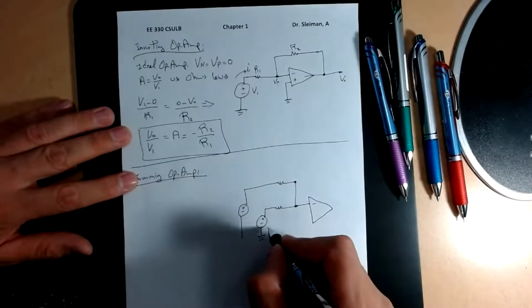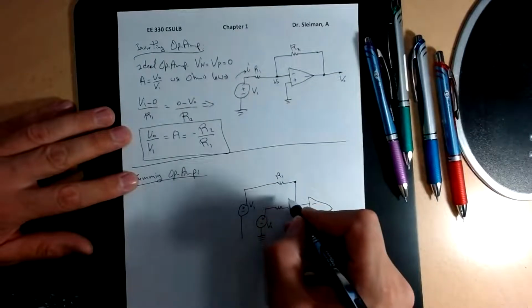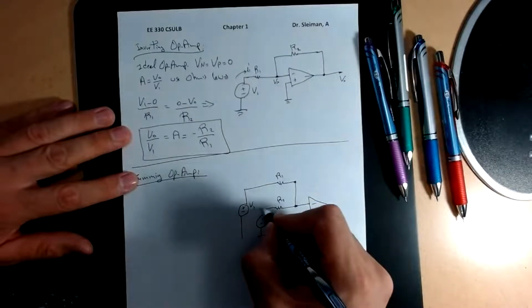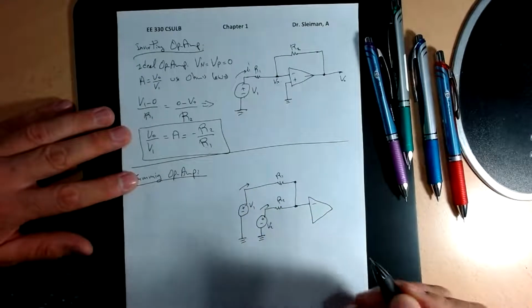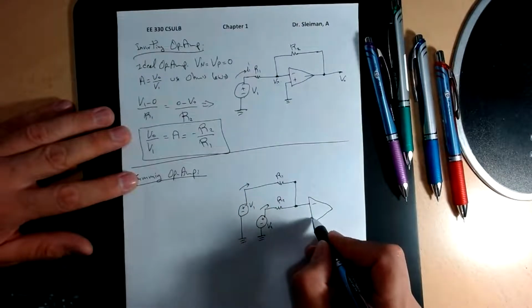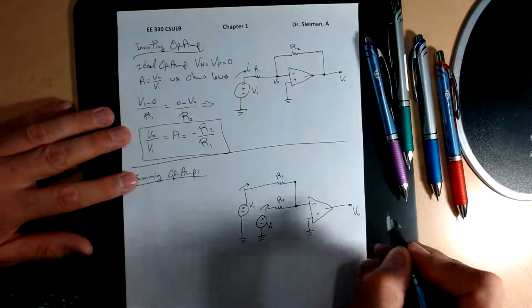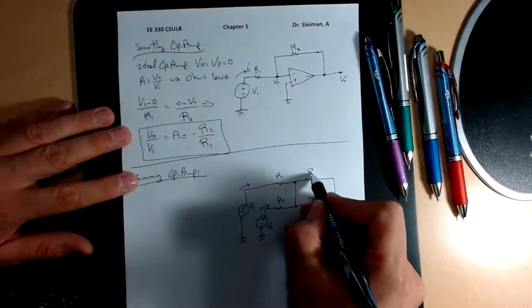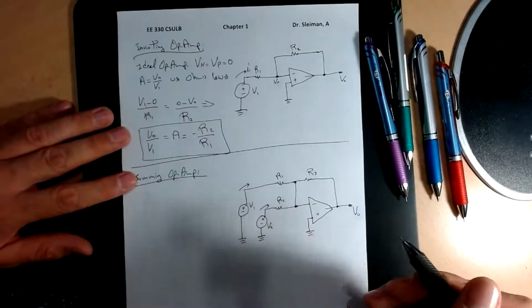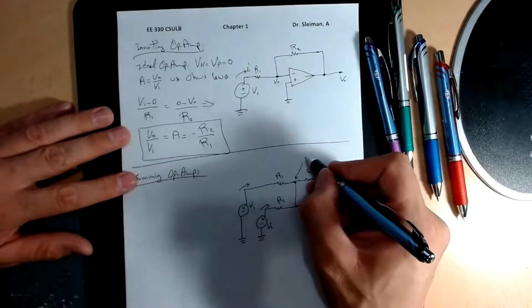Most likely this is V2, this is V1, R1, R2. Currents are flowing in the same direction, and we're still in the inverting process. This is R3. This point is at the same point, this is the summing junction.